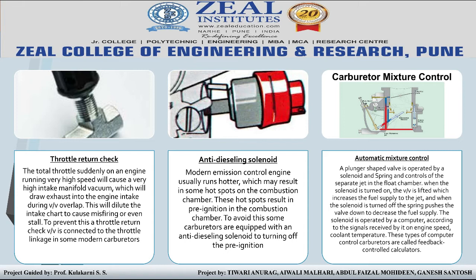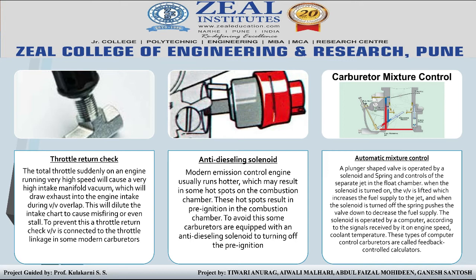Auto mixture controller. A plunger-shaped valve is operated by a solenoid and a spring and controls a separate jet in the float chamber. When the solenoid is turned on, the valve is lifted, which increases the fuel supply to the jet.